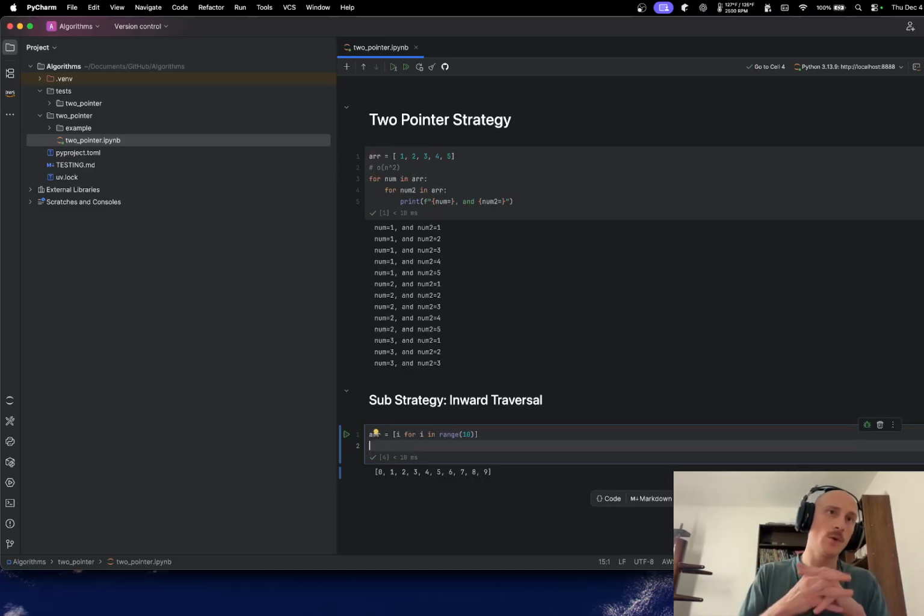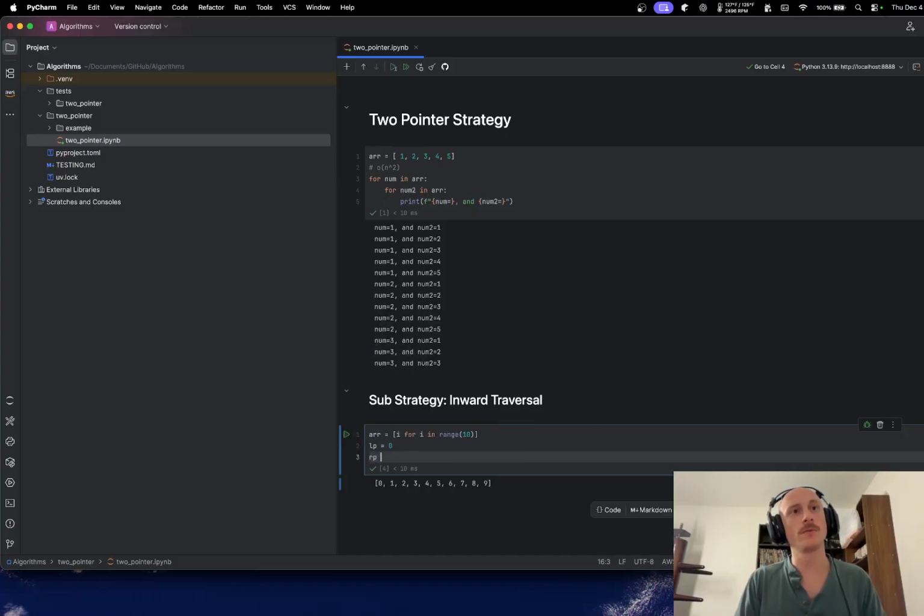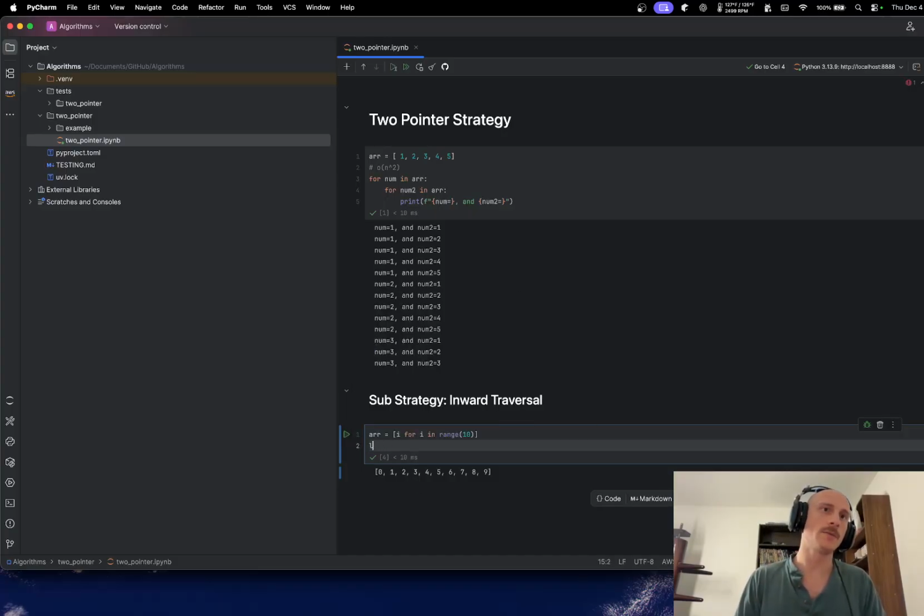So now we're going to instantiate those 2 pointers. We're going to have our left pointer, which is going to be equal to 0. And then we're going to have our right pointer. Let's make this a little more clear, because my personal preference when working with variable names is to have a very clear distinction, so that if I come back to this in 2 months, I know exactly what I'm looking at.